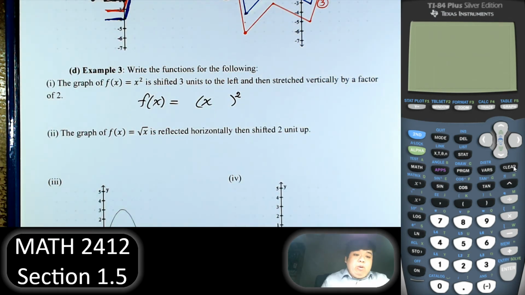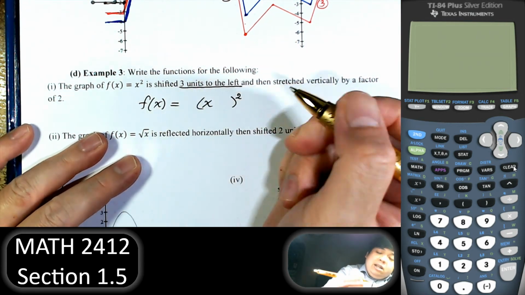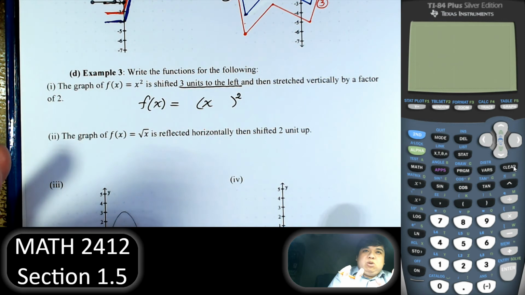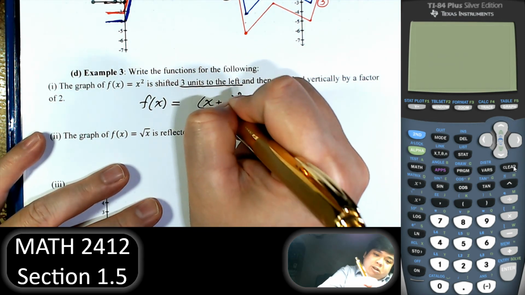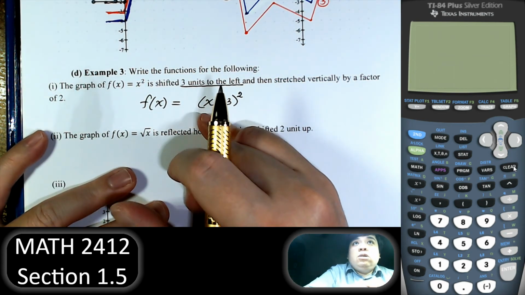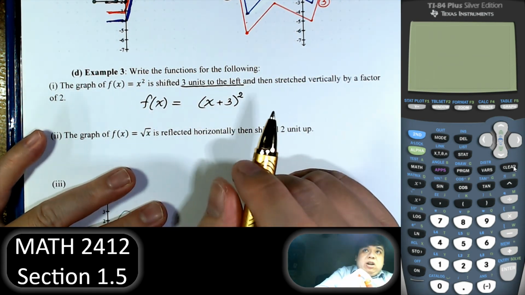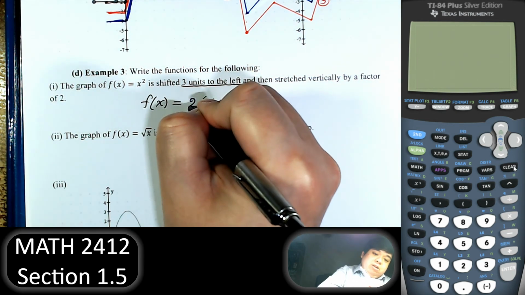Now, if it moves 3 units to the left, that means horizontal, so it's going to be inside the parentheses. Left means it's going to be plus 3. And then stretch vertically by 2. Vertically, so it's going to be on the outside. Stretch, so make it bigger, multiply by 2.